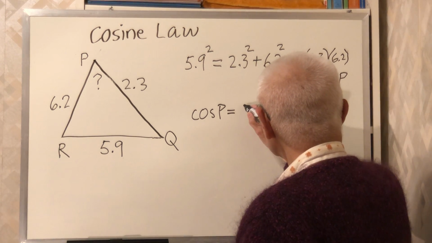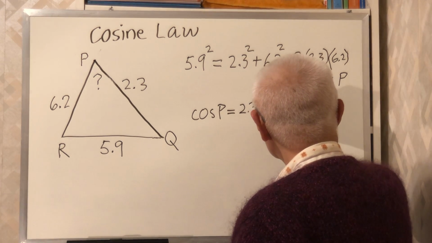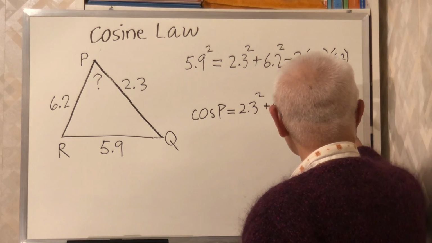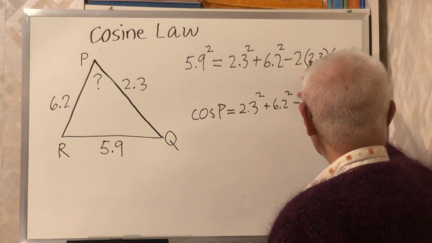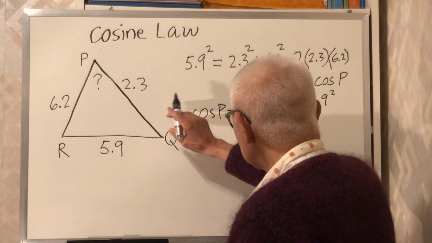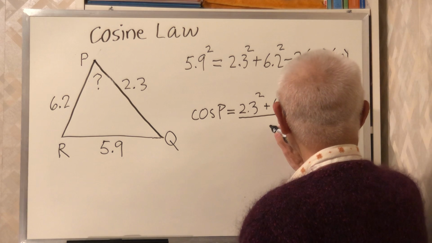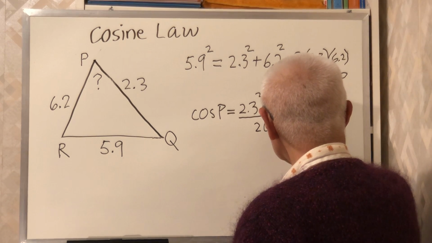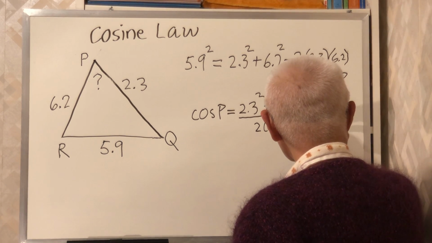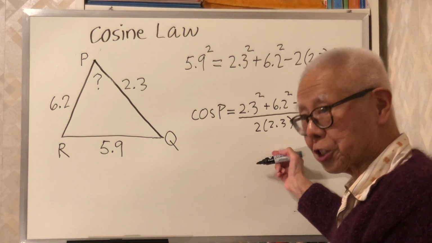So I have this. Now remember, I have 2 times this bracket before cosine P, and I move that to the denominator. Okay. So I want to do this.